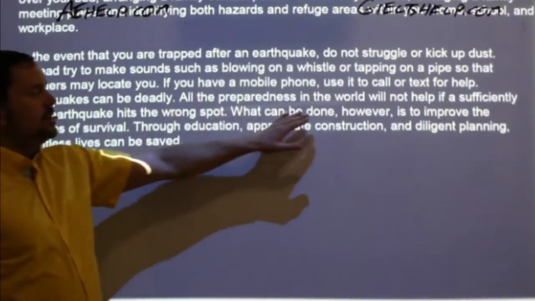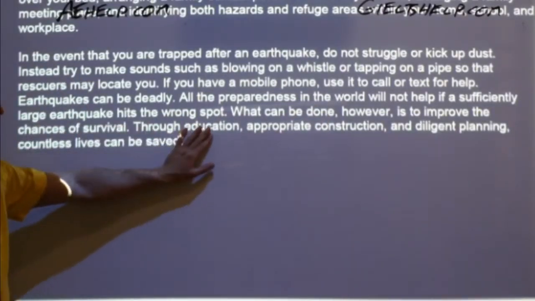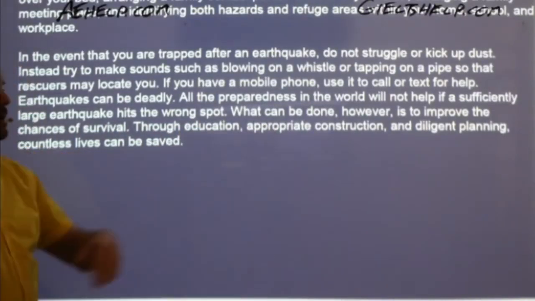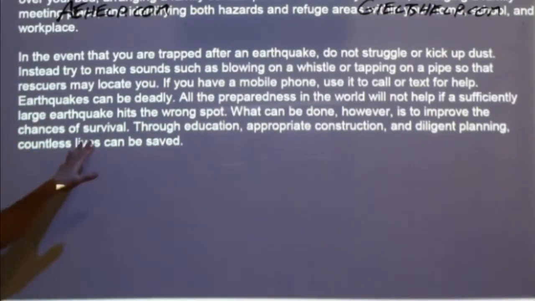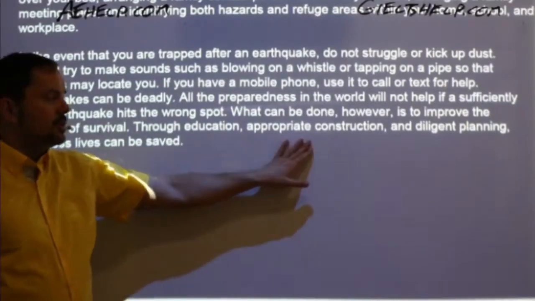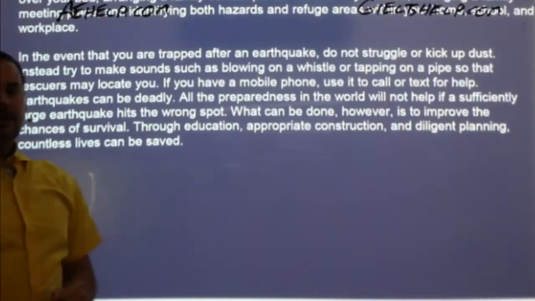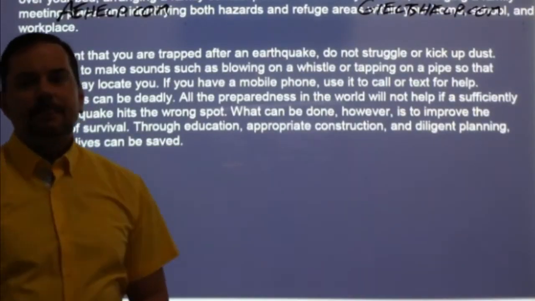All the preparedness in the world will not help if a sufficiently large earthquake hits the wrong spot. What can be done, however, is to improve the chances of survival. Through education, appropriate construction, and diligent planning, countless lives can be saved.